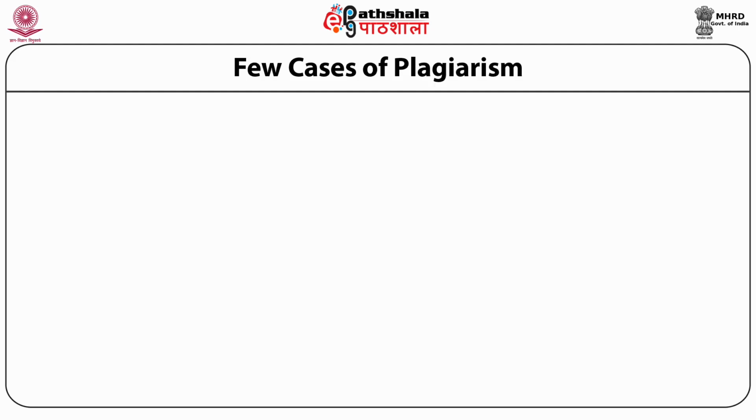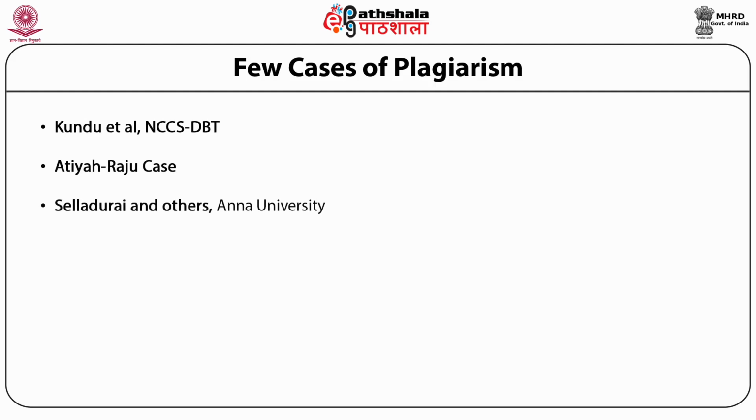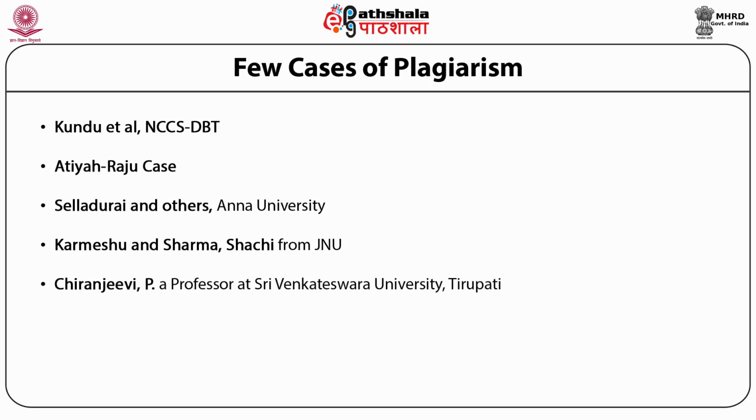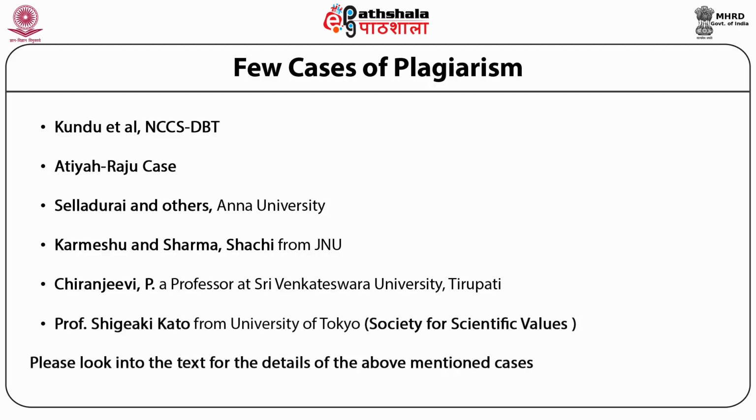The famous cases are Kundu et al., the Attaya Raju case, Selladurai and others, Karmeshu and Sharma, Shashi from Jawaharlal Nehru University, Chiranjeevi P., who was a professor at Sri Venkateshwara University, Tirupati, and Professor Shigeaki Kato from the University of Tokyo. For more cases about plagiarism, you may refer to the website of the Society for Scientific Values.